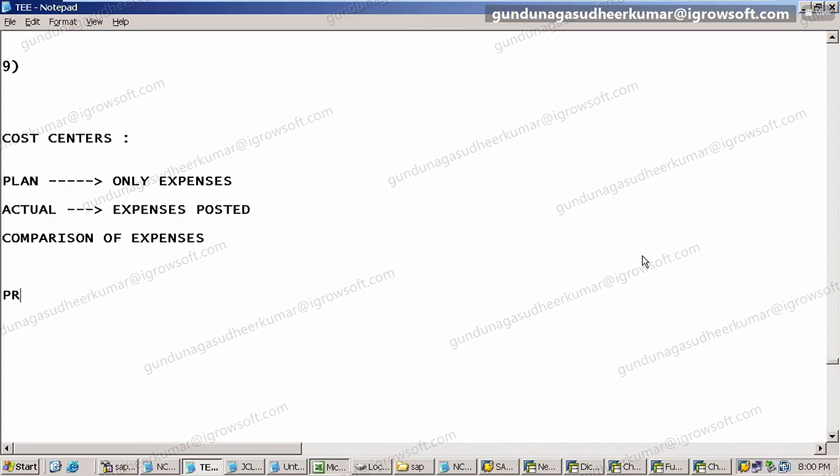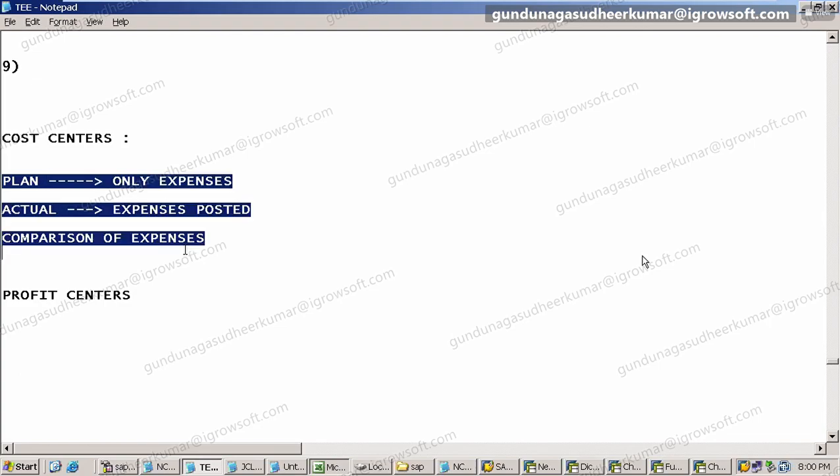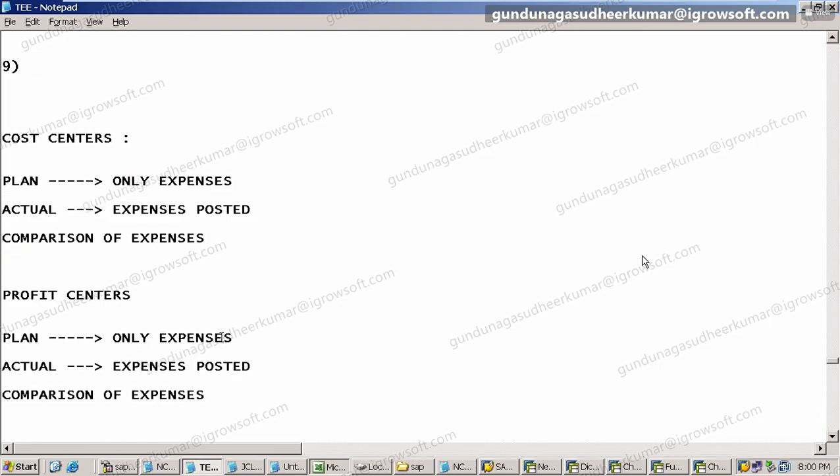Now for profit centers, I can do the same thing. But I can plan for revenue and expenses and profit also. Next month I should get this much profit. That is my target.